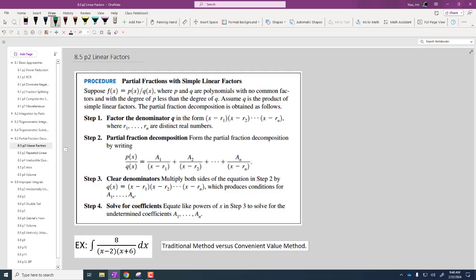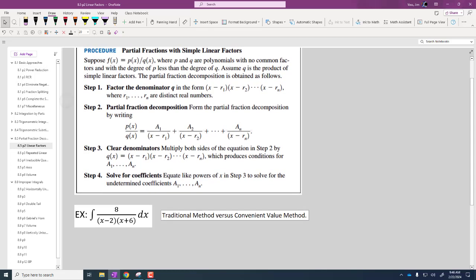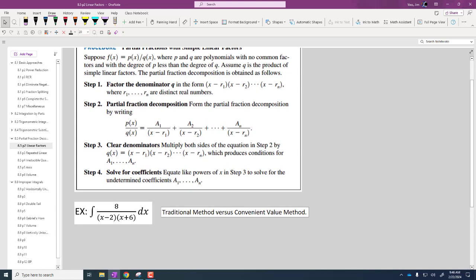So there are 3 techniques. What you should be seeing here is that if you can factor your denominator into 2 factors, you will then have 2 fractions. So we're making it look a little more complicated than it is. They're generalizing.